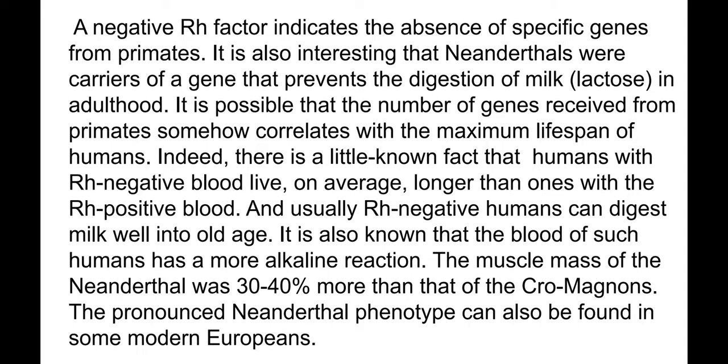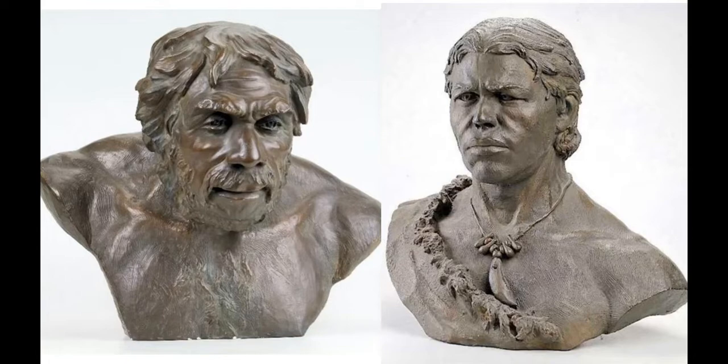Meanwhile, pronounced Neanderthal phenotype can be found in some modern Europeans. As I said, some Europeans have more genes from Neanderthals, some have fewer, and we can see it in appearance. Neanderthals all went extinct and disappeared, but their appearance was very special, and some Europeans have such an appearance which resembles Neanderthals.